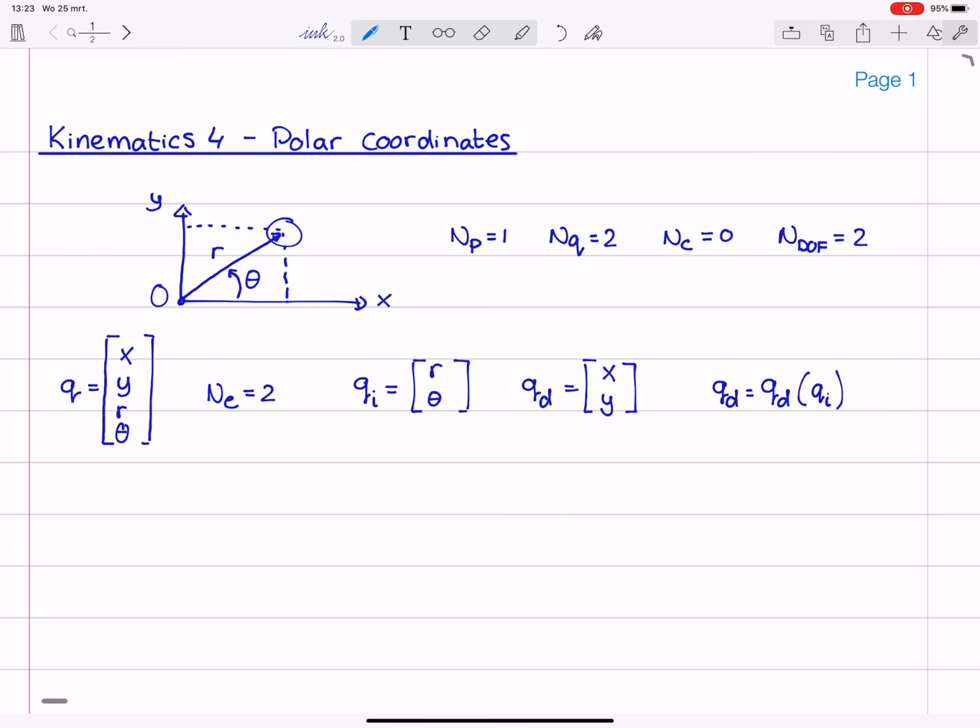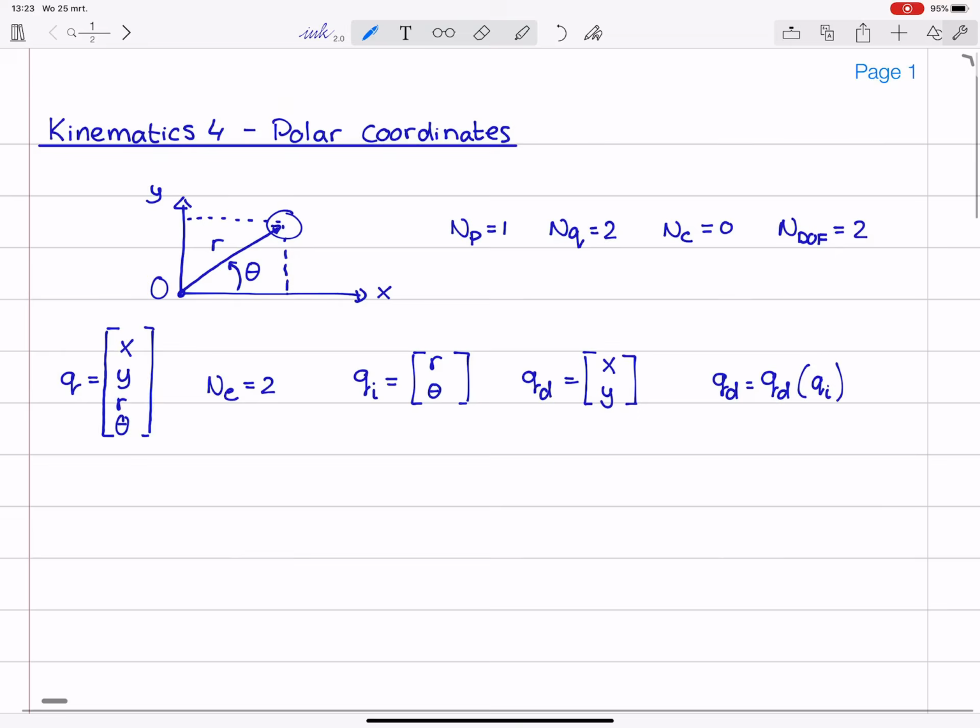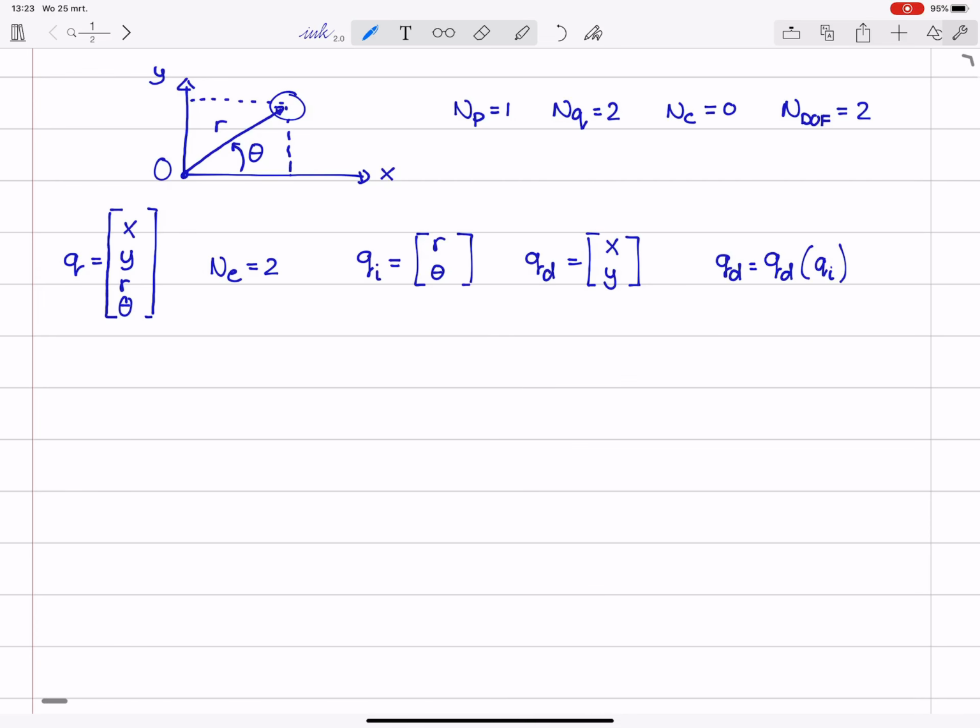Now, these two relations can be obtained from the figure that I drew, in the sense that x can be expressed as r times the cosine of theta, and y can be expressed as r times the sine of theta. Okay, so these are in fact the relations between x and y and r and theta.